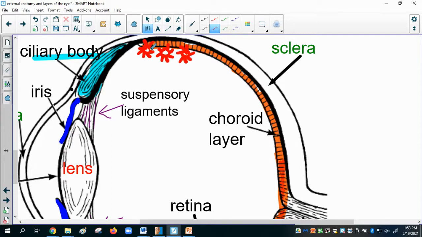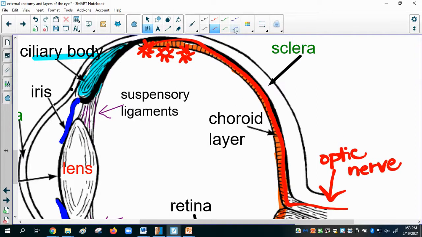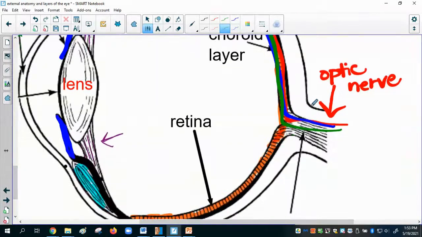Okay, I'm just going to do a couple. Then the axons will stretch to the back of the eye and collect to form the structure called the optic nerve. Okay, so each neuron's axon is in the retina and it's stretching to the back. And then this one. Okay, and it's the axons of all those rods and cones that are bundled into the optic nerve.